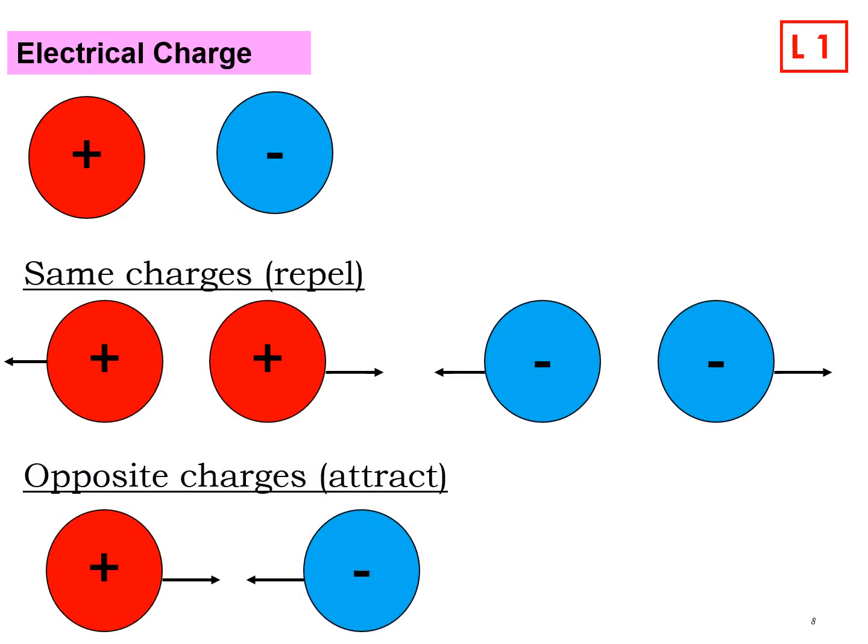Remember, if you have two electrical charges with the same sign, they will repel each other. While if you have opposite charges, the two charges will attract each other.